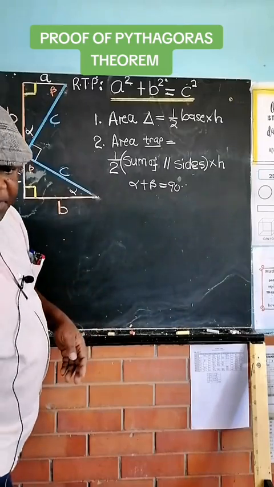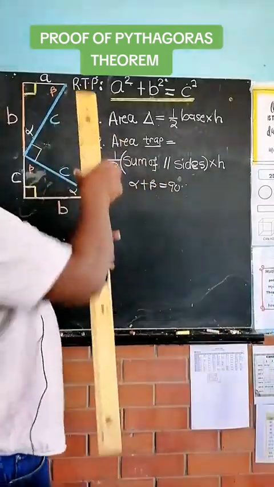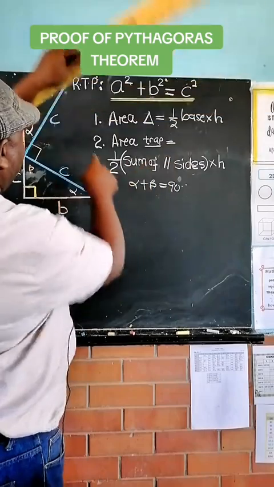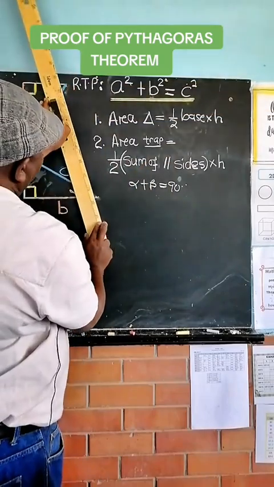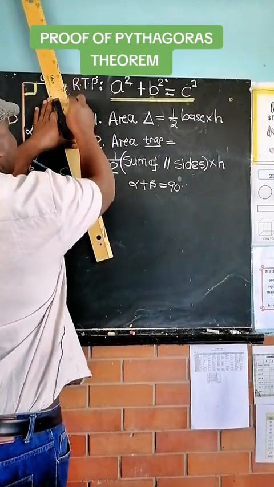The next construction that I'm going to make is join this corner to this corner to form a straight line. So I'm going to extend like that.